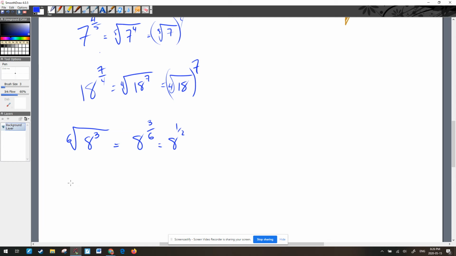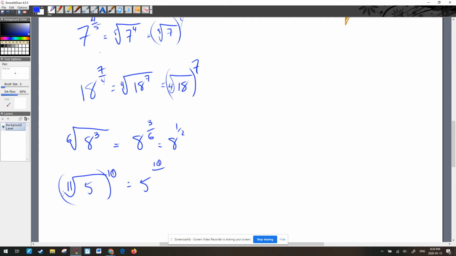Okay, let's try another one. How about the 11th root of 5 to the 10th? Okay, so there it is in the powered root form. Go ahead and write it in its rational form. Okay, so the base is still the base, it's 5. And we've got the power, it goes on top.